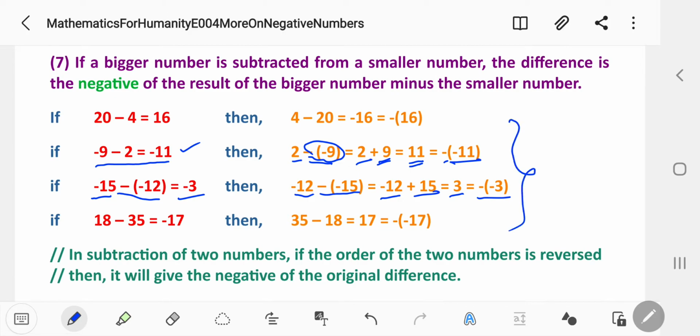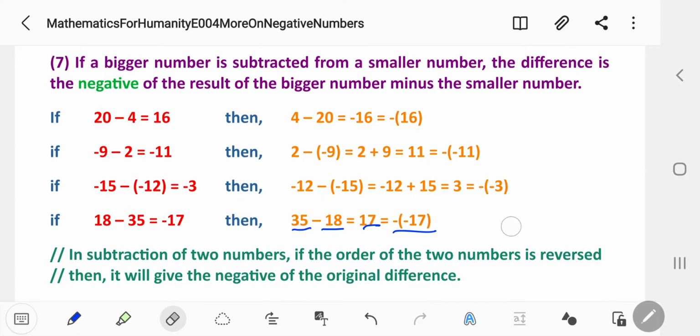We will check later on in the subtraction gadget. 18 minus 35 is equal to negative 17. Or 35 minus 18 is 17. That's the negative of negative 17. So that's just the rule that you can repeat over and over again until it sinks in your mind.